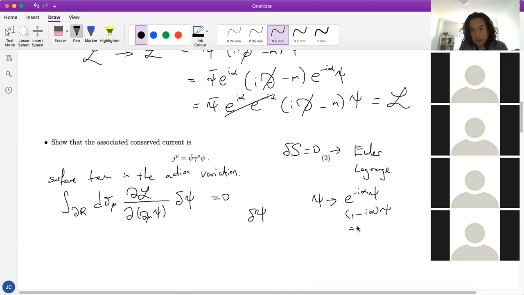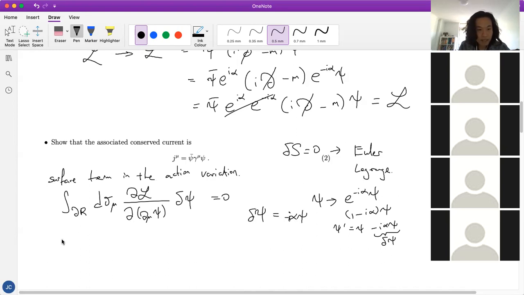So then this is equal to ψ minus iαψ. So this part is the small change. So this is the δψ. So this is like modifying my original ψ a little bit. So that's what the transformation is doing. So ψ prime is equal to ψ plus this a little bit. So this is equal to minus iαψ.